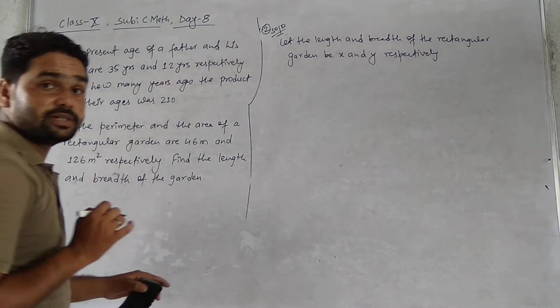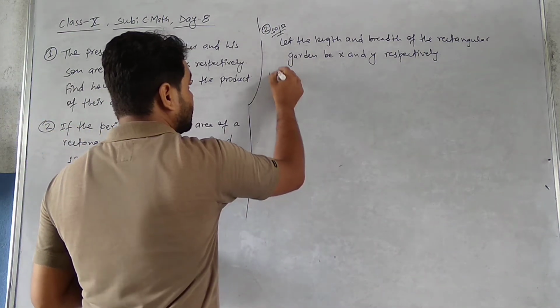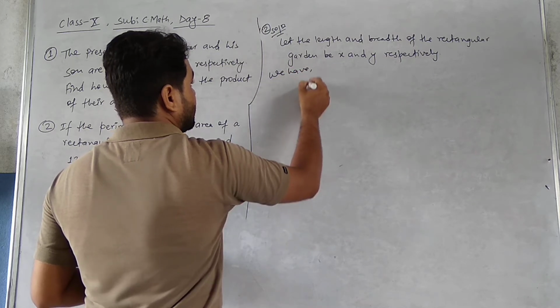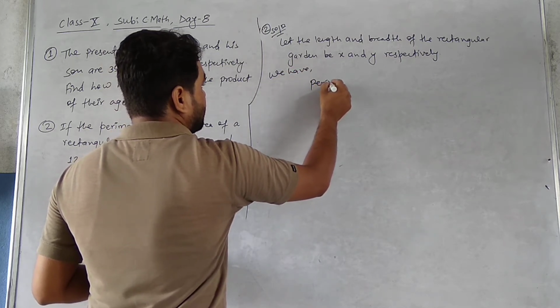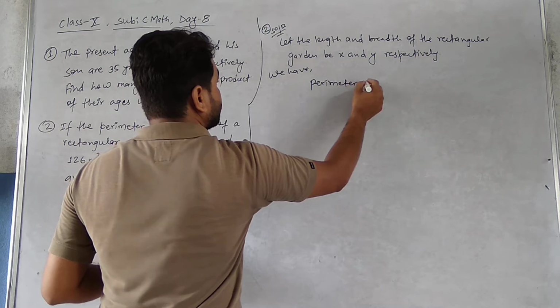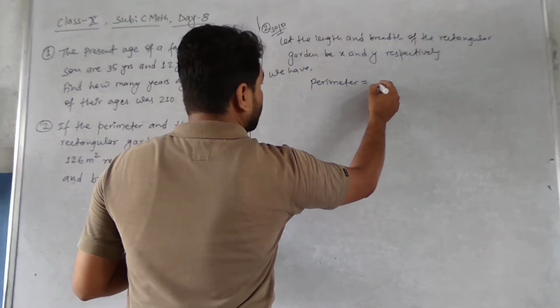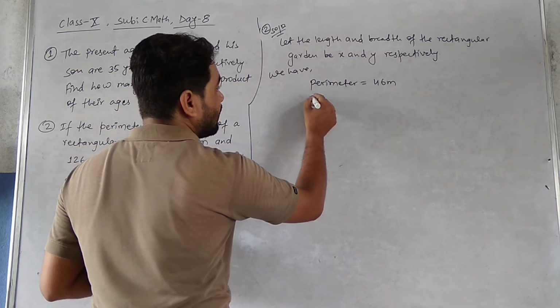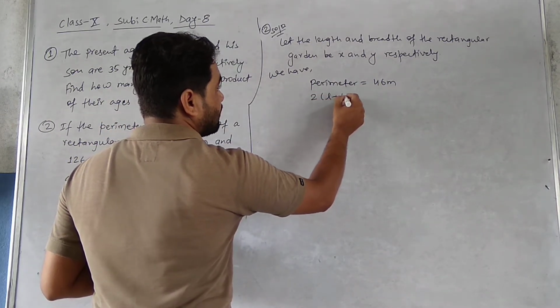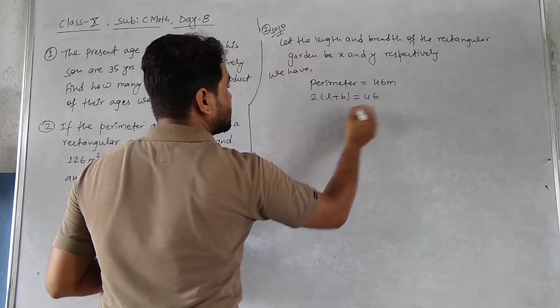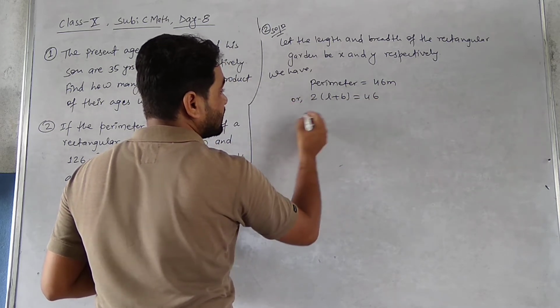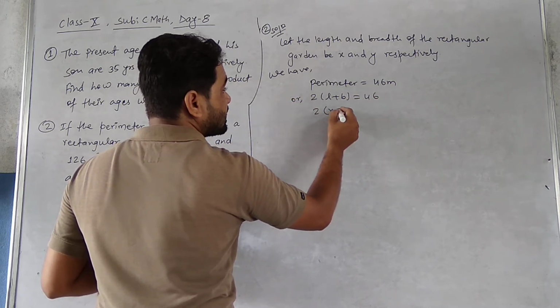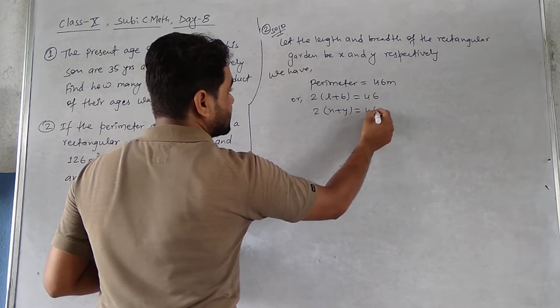Now we have the perimeter, and it is given that perimeter equals to 46 meter, and for perimeter we have the formula what? 2 into l plus b equals to 46. That means 2 into x plus y equals to 46.